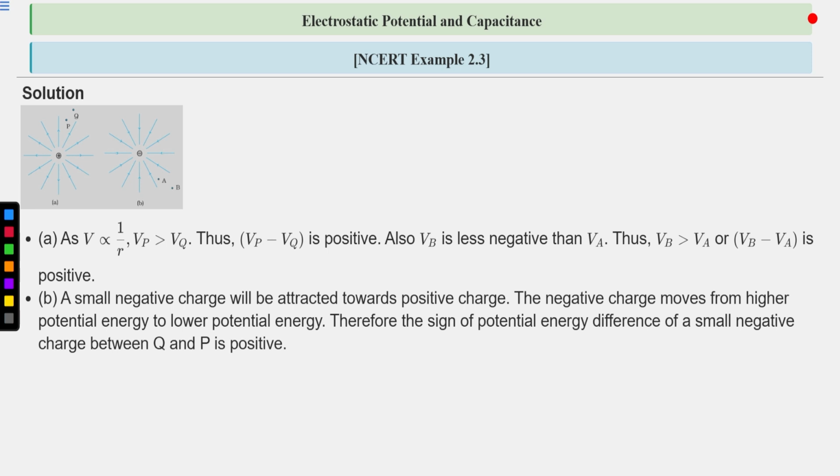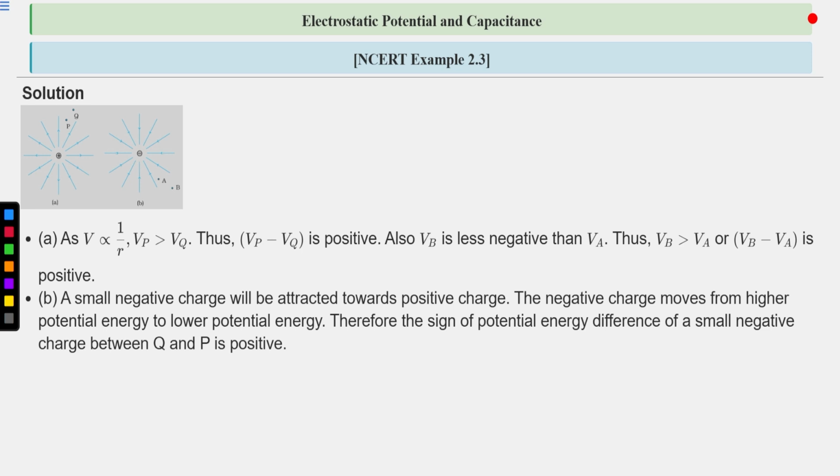We are doing the work in support of that force. So in that case, work is negative and hence the potential energy change is also negative. Now, a small negative charge will be attracted towards the positive charge. The negative charge moves from higher potential energy to lower potential energy.